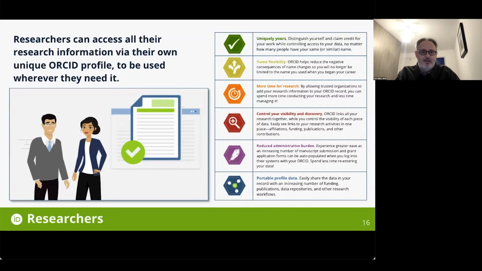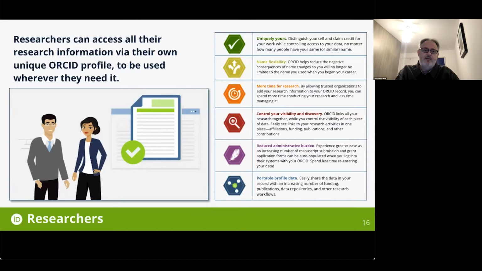This is exactly the use case in Science CV, with the researcher's permission, so that they don't have to manually add that data. And the researcher can also give permission for data to automatically flow into their record from systems that they trust. So all of that leads to the reduction of administrative burden, and also portability of the profile data, because we're an open, community-driven system.